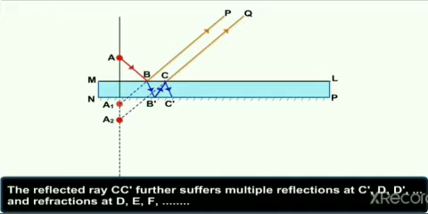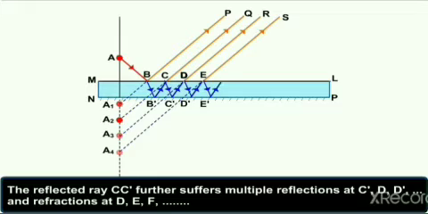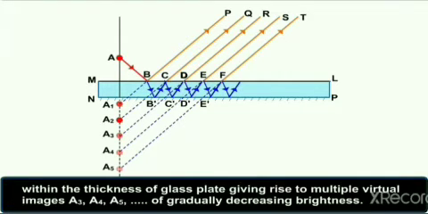The reflected ray CC' further suffers multiple reflections at C', D, D', and refractions at D, E, F, and so on, within the thickness of the glass plate, giving rise to multiple virtual images A3, A4, A5, and so on, of gradually decreasing brightness.